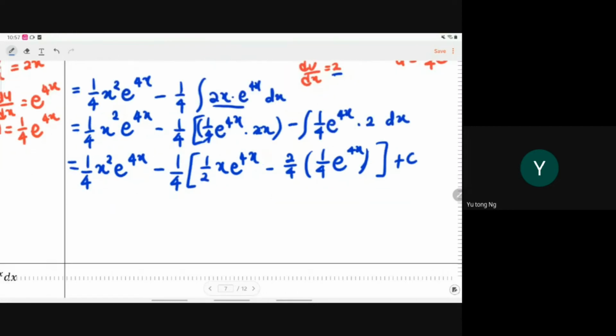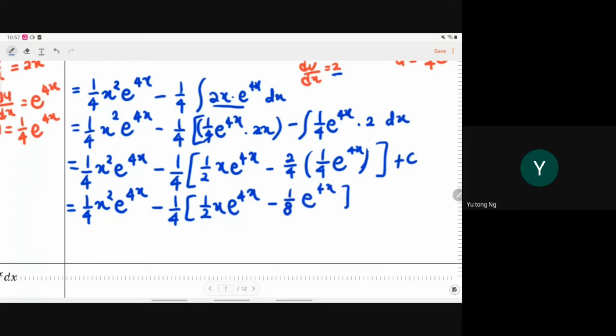Then we simplify again: 1 over 4 x square e for x minus 1 over 4 half x e for x. This one becomes minus half, it's 2 over 16, 2 over 16 means 1 over 8, e for x plus c.